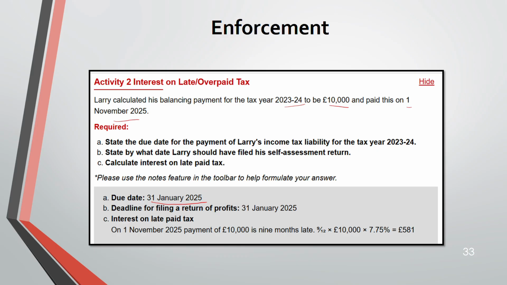But he is paying 1st November. And Part B, state by what date Larry should have filed his self-assessment: by 31st Jan 2025. This is the deadline. When is he paying? 1st November. How many months? 9 months late. He is paying 9 months late. So you take 9 months of 10,000 into what? Underpayment tax, which is 7.75. So it is 581.